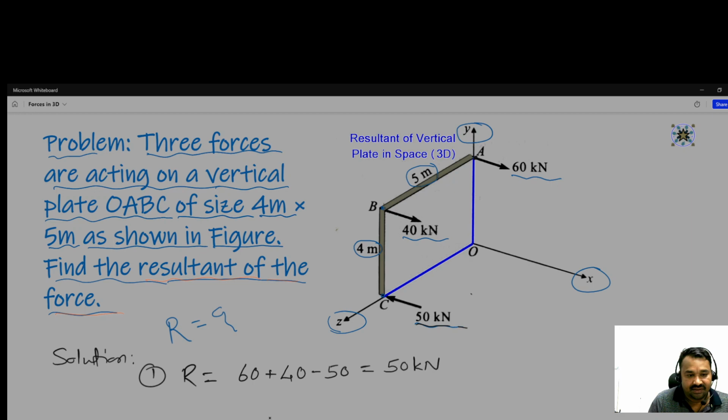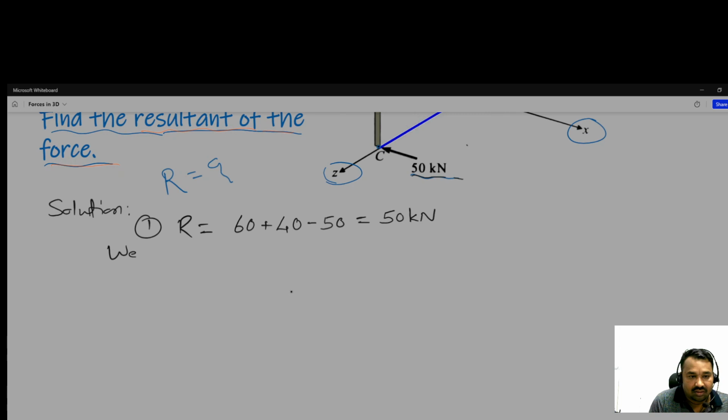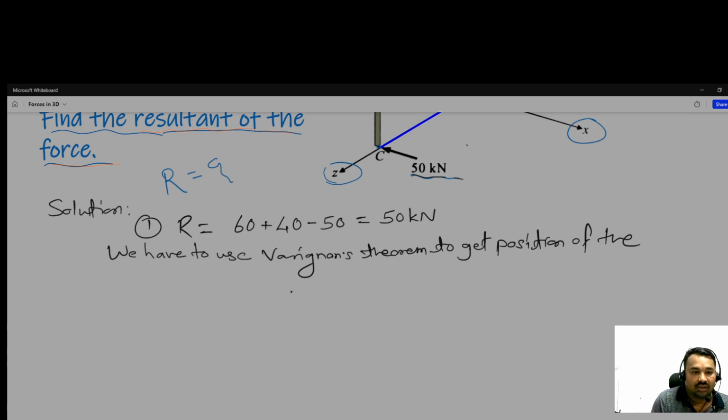And the next step is we have to use Varignon's theorem to get the position of the resultant R.